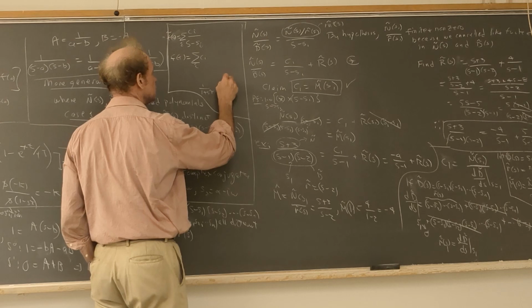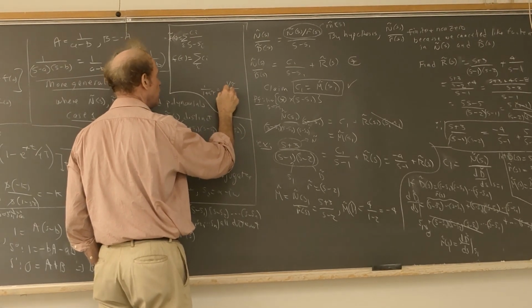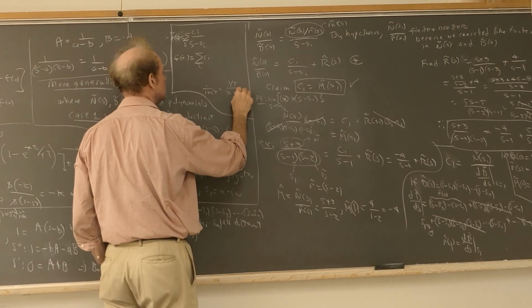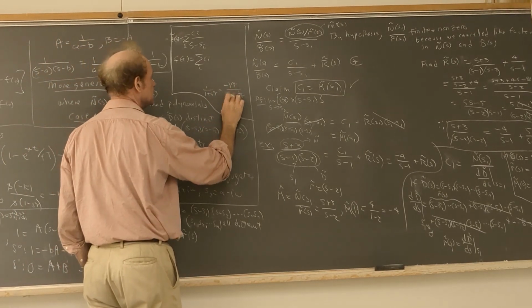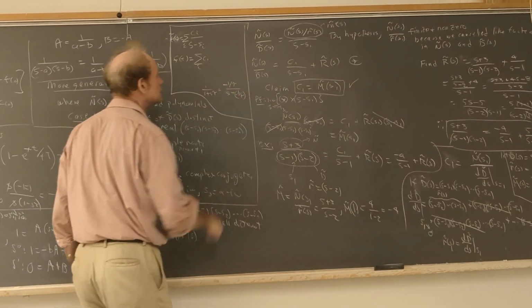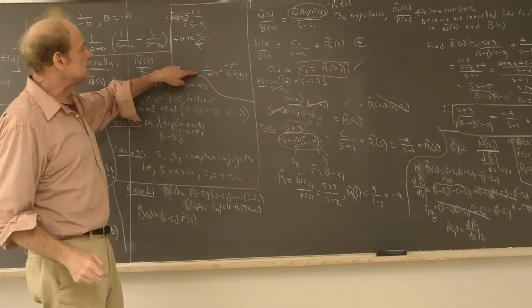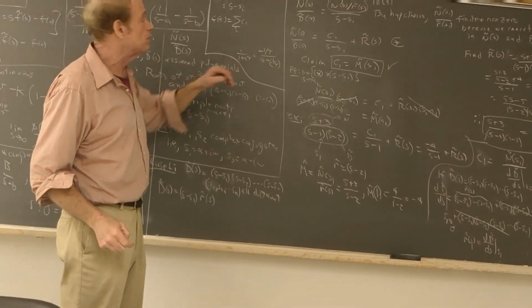I can write this as 1 over tau times 1 over s plus 1 over tau. And I could make this a minus, and this is a minus a minus. So 1 over 1 plus s tau is minus 1 over tau over s minus 1 over minus tau.